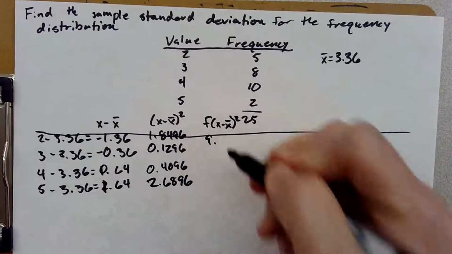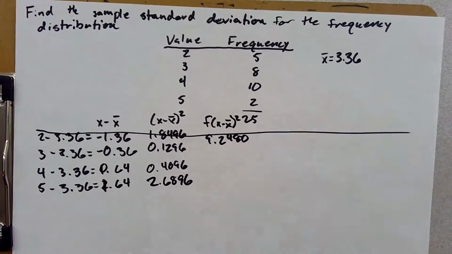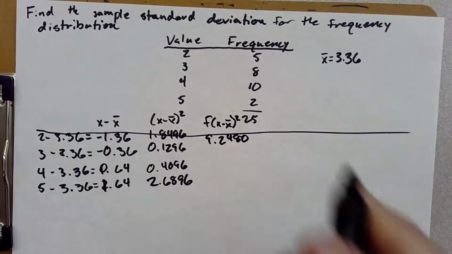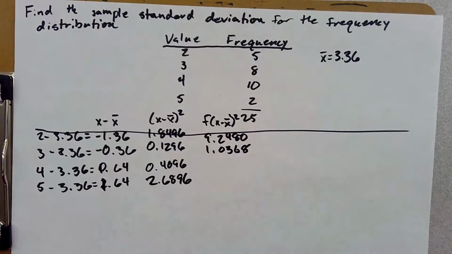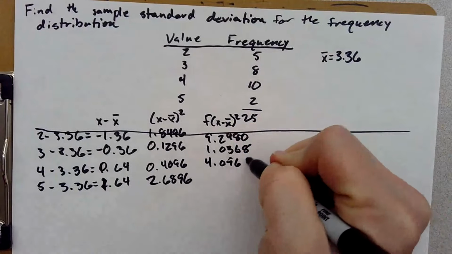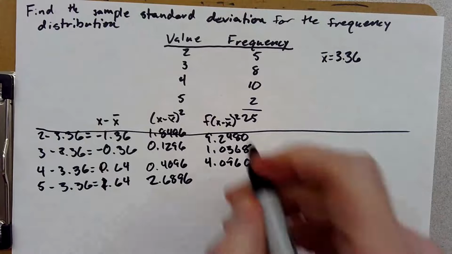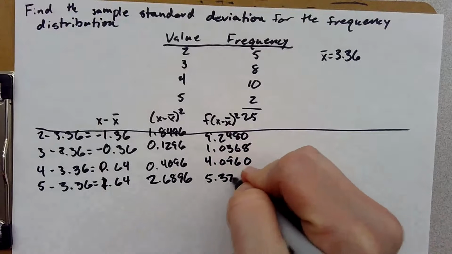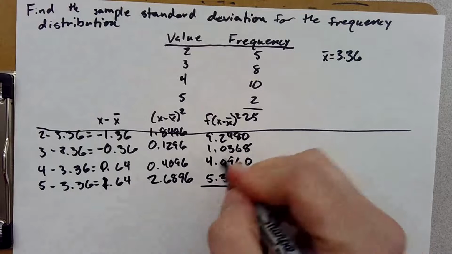We've got 9.2480, 1.0368, 4.0960, and 5.3792. And when we add all of these up, we get a total of 19.76.